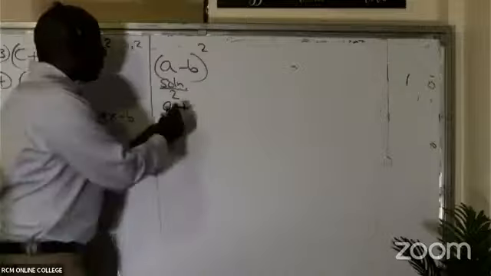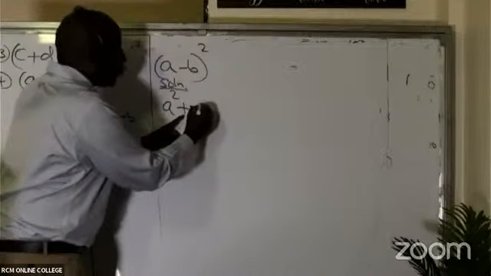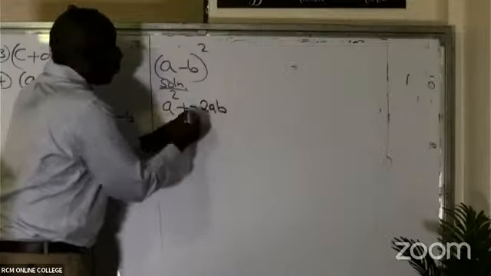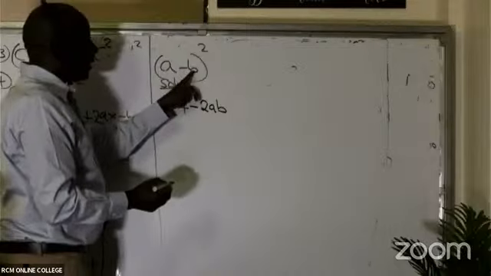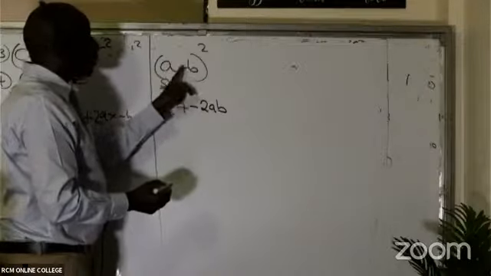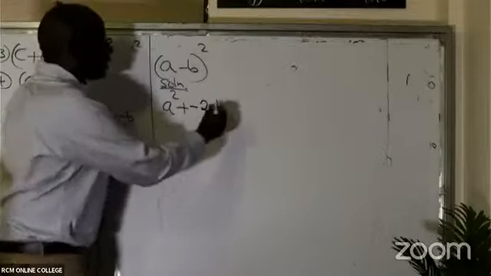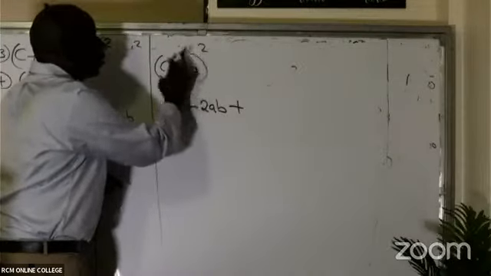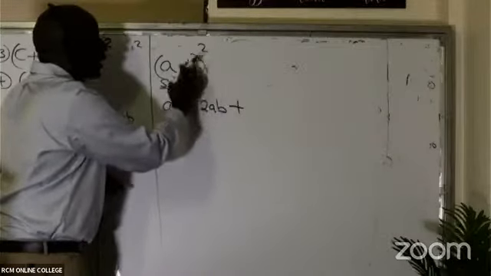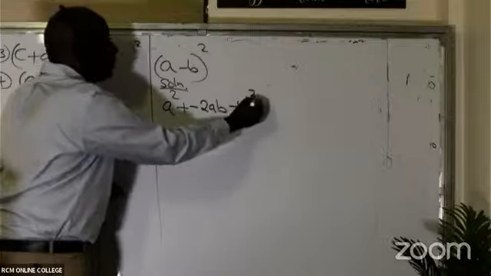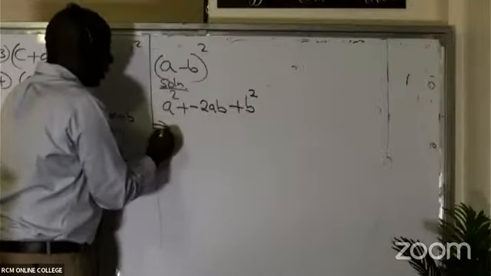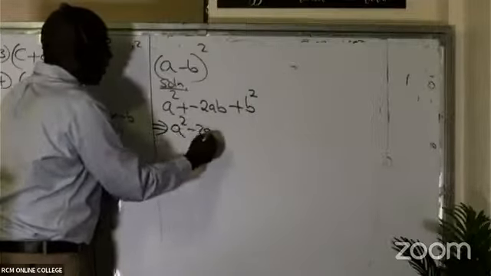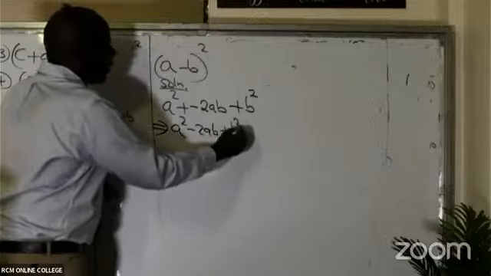So it will be plus minus 2AB, because it's A and minus B. Then work on the last term, minus B squared. When I take minus B squared, it becomes B squared. So at the end of the day, this will be A squared minus 2AB plus B squared.